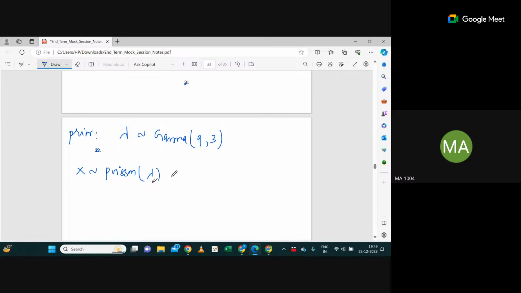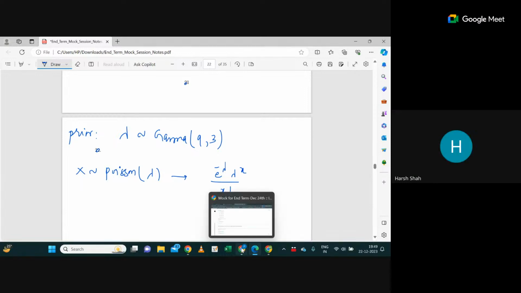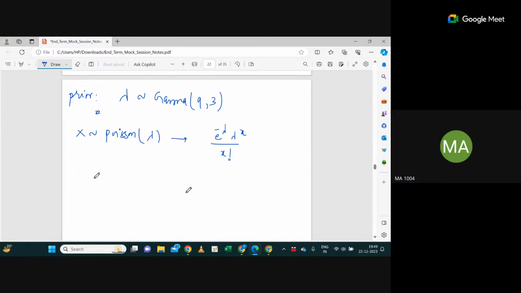What will the PMF be? e raised to minus lambda, lambda raised to x, divided by x factorial. How many samples have we been given? 10 samples. Let's do it in general first of all. We know the posterior is proportional to likelihood times prior.